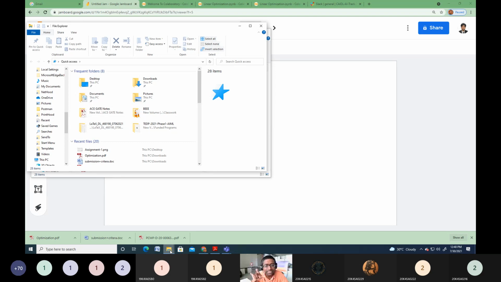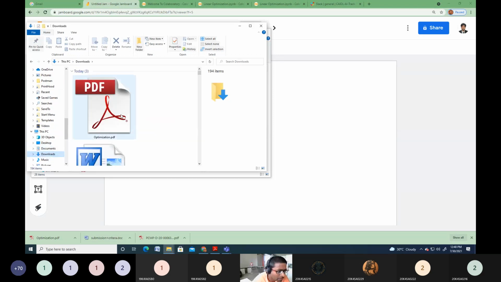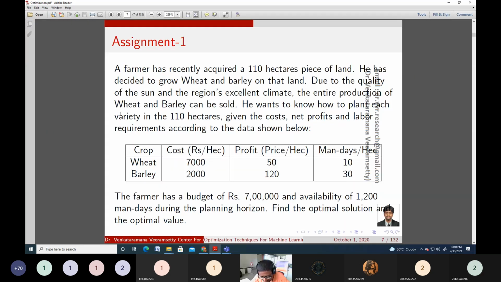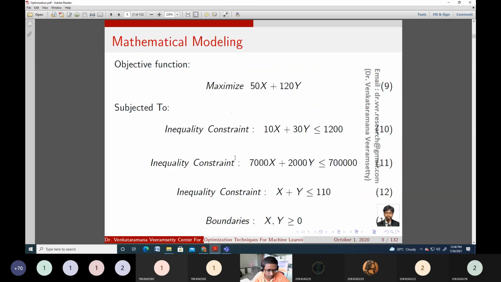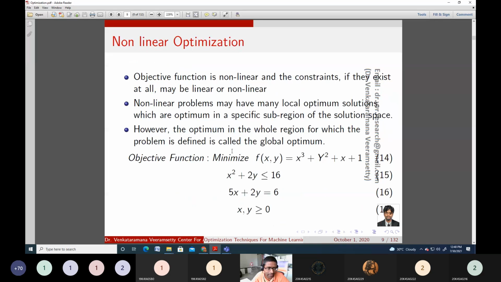If that is the case, such a type of optimization problem is called a non-linear optimization problem. This PPT I already shared with you. That means your objective function must be a non-linear function in terms of your decision variables.